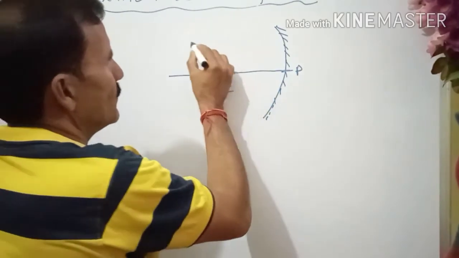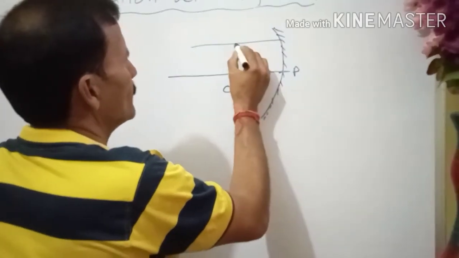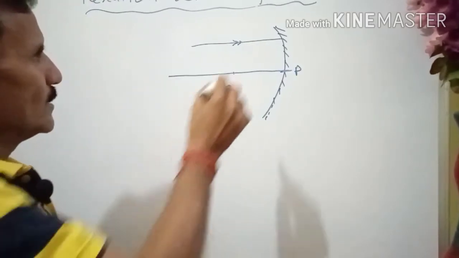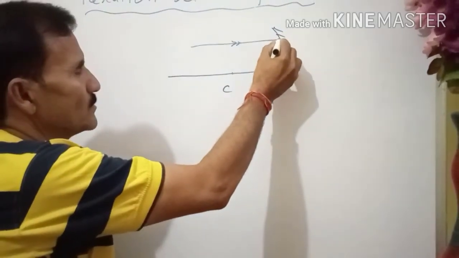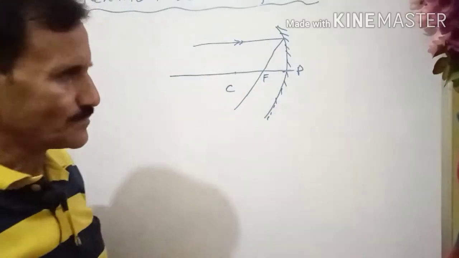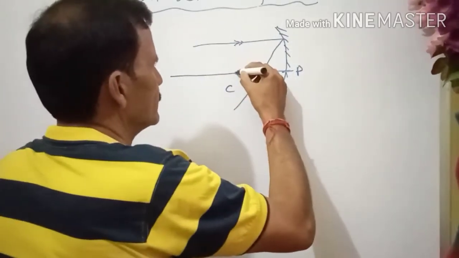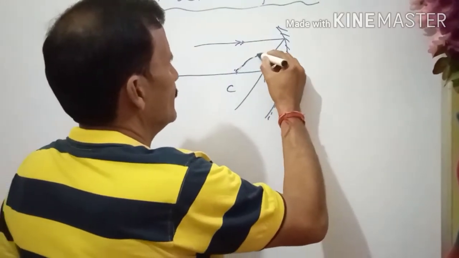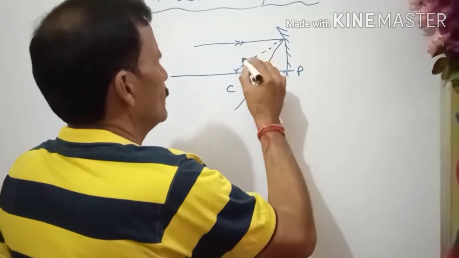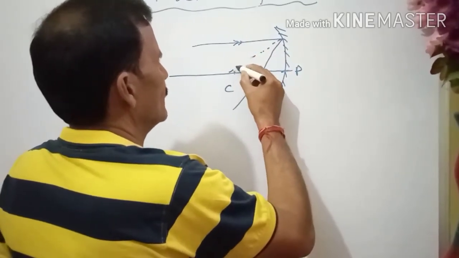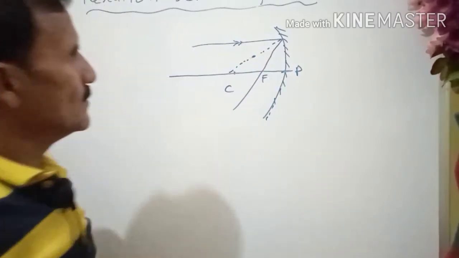Now think of a line parallel to the principal axis. Then by definition you know that after reflection it will pass through the focal point. Now join this straight line. So this line is nothing but the normal to the spherical mirror.